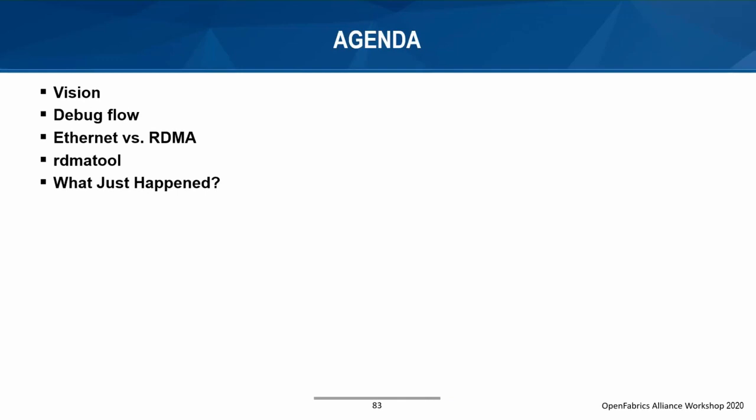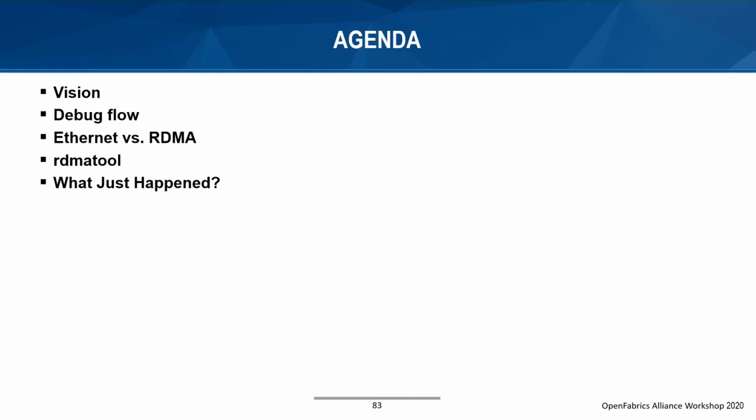So the agenda for today is, first of all, to have a vision of how we see the debuggability feature, then to go through some debug flow. It's some list of tests that we gathered which help debug RDMA. It's in early stages, but we are starting to work on it. Later, I'll talk about the difference between Ethernet and RDMA.